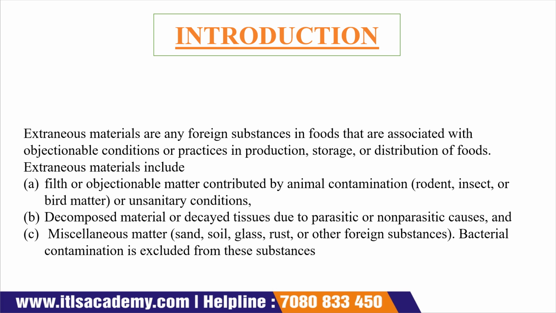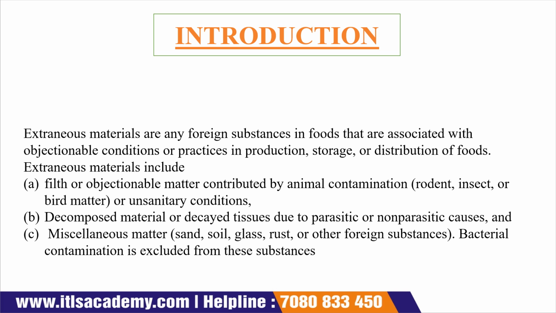Sometimes it is decomposed material or decayed tissue, added into the food product due to parasitic or non-parasitic activities, okay. And sometimes miscellaneous matter is also added into a food product, like sand, soil, glass, rust, and other foreign substances, okay. Bacterial contamination is excluded from these substances.